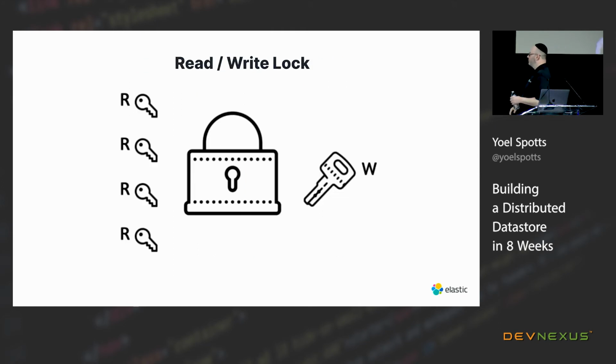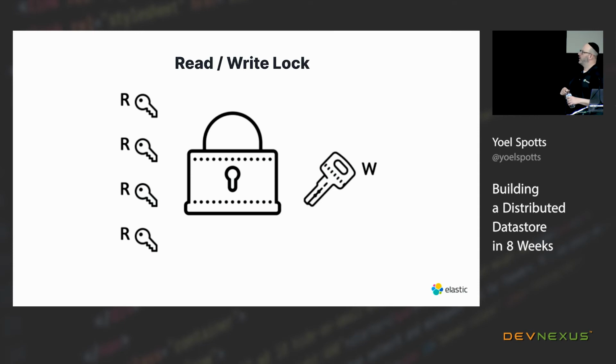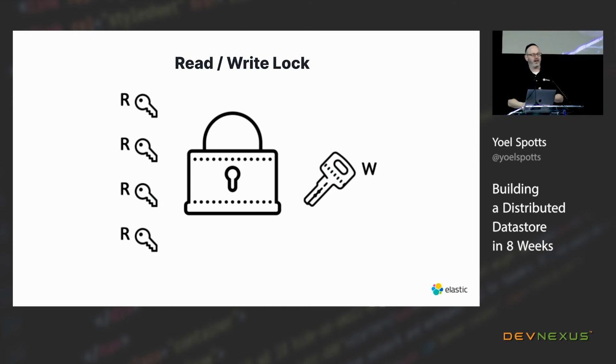One of the primary ways that we deal with that in a single application, sharing data amongst threads, is we'll use something like a read-write lock. A read-write lock allows us to have multiple readers, but once something wants to write, there's only one thread that can write to that data.